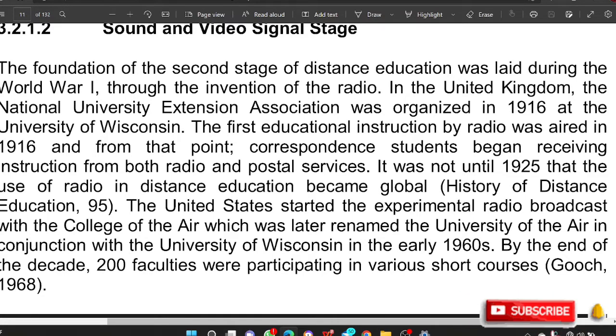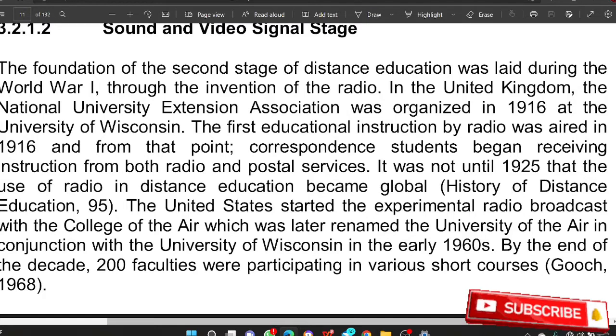Now we have the history of distance education. The United States started the experimental radio broadcast with the College of the Air, which was later renamed the University of the Air, in conjunction with the University of Wisconsin. The renaming was done in the early 1960s.